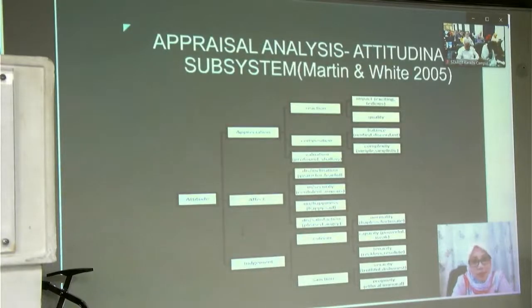This is appraisal analysis, which is on the attitudinal subsystem. We're looking at attitude, which has three subsystems: appreciation, affect, and judgment. Appreciation is reaction and composition towards things. Affect is your feelings, whereas with judgment we're looking at the behavior of that person, whether it's esteem or sanction.